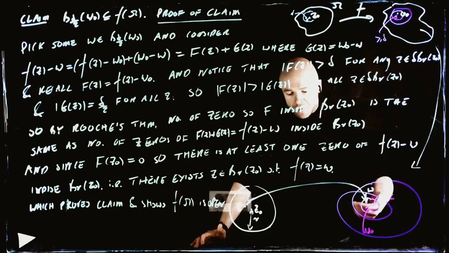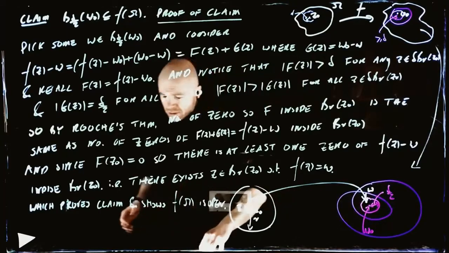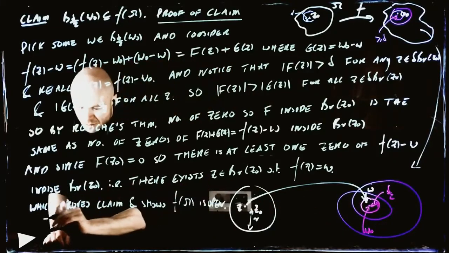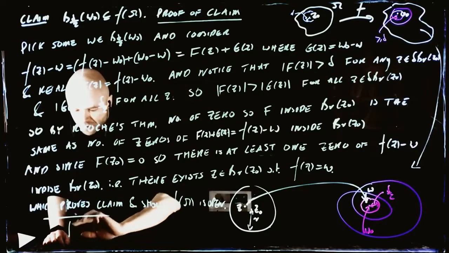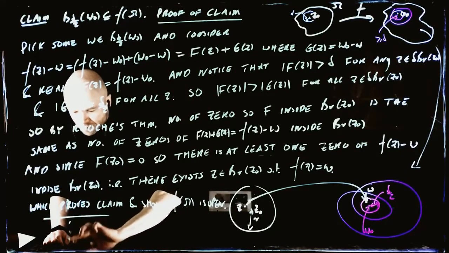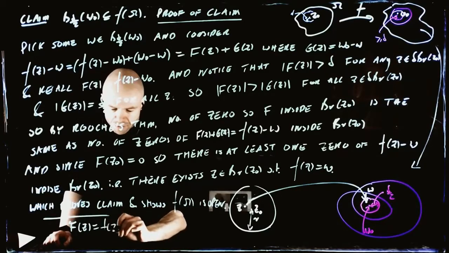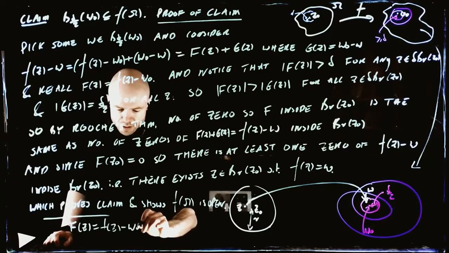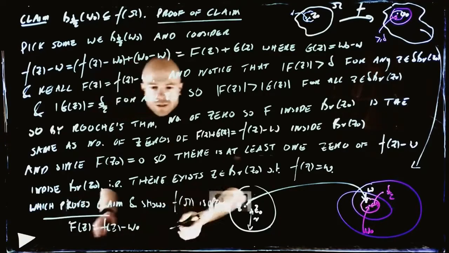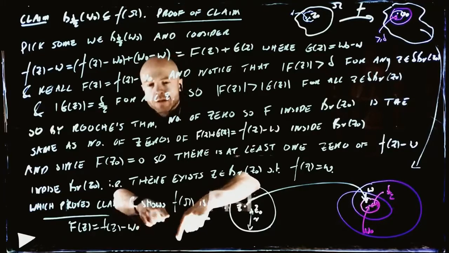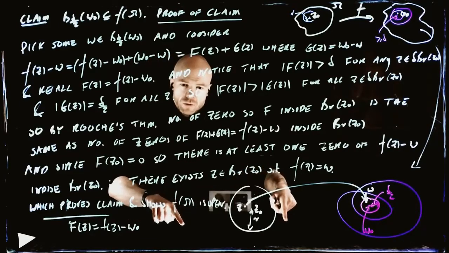Well, most likely we have something like this, where the function capital F equals f of z minus w0 has a zero here, and if its derivative is zero, then the order of the zero will be bigger than 1.